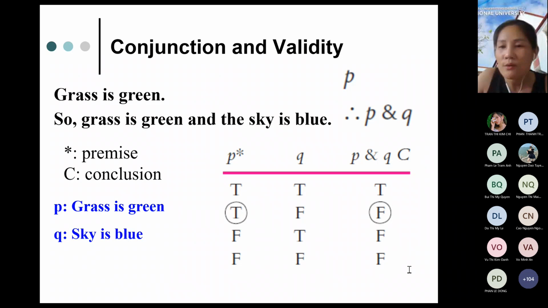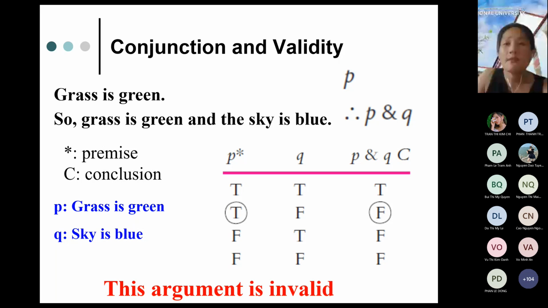Thu Anh, Gia Huy, Công Sang, Trúc Na. Okay, Trâm Anh is also very much correct. Thảo Trang also added that this is an invalid argument, because we could see a row, a possibility, a case where the premise is true but the conclusion is false. So this is an invalid argument.